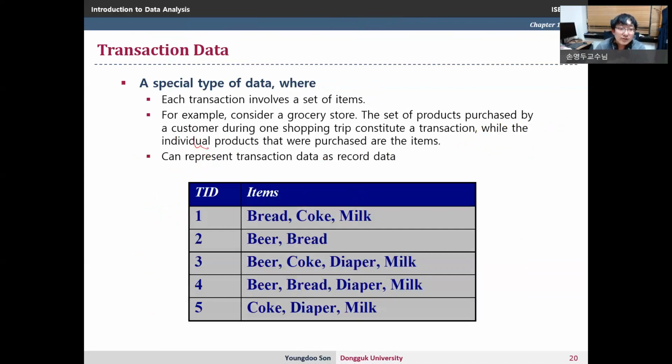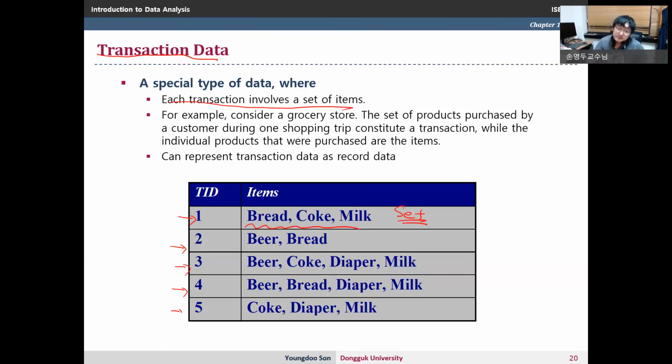And transaction data, we are not usually handling transaction data, but okay, let's see the definition of transaction data here. Transaction data is a special type of data where each transaction involves a set of items. So each transaction becomes a record, and it has a set of items. It's actually a set.